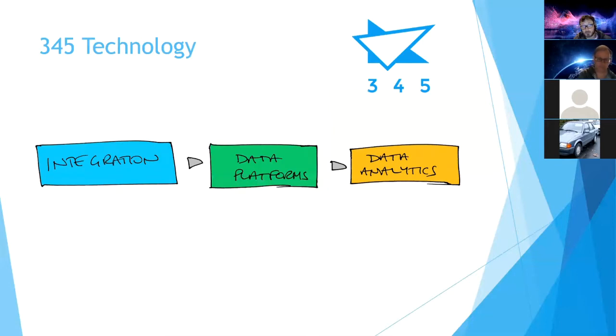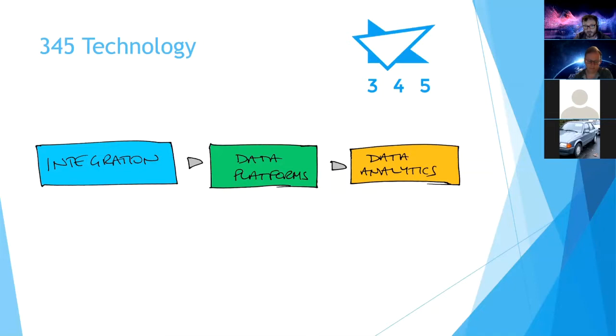Very briefly, I work for a company called 345 Technology, which I co-founded in 2015, and we focus on three areas: integration, which is moving data around and automating processes that use data; data platforms, which is storing data and being able to find and retrieve it again, and taking care of the quality of it; and data analytics, which is making sense of all that data.